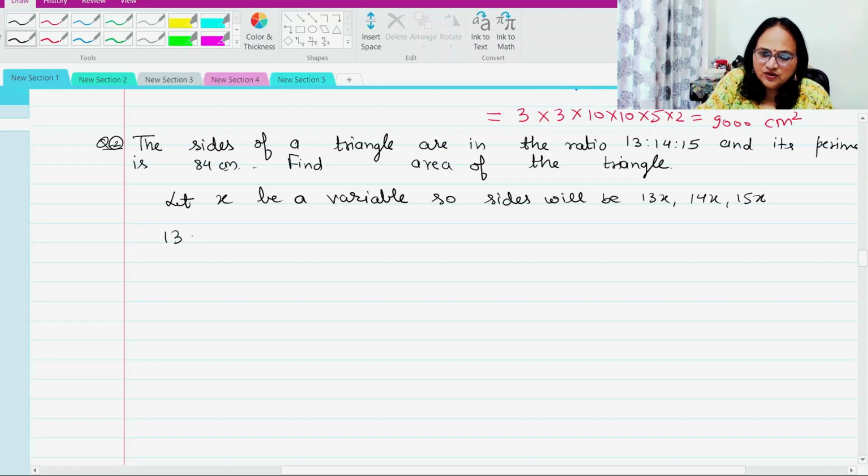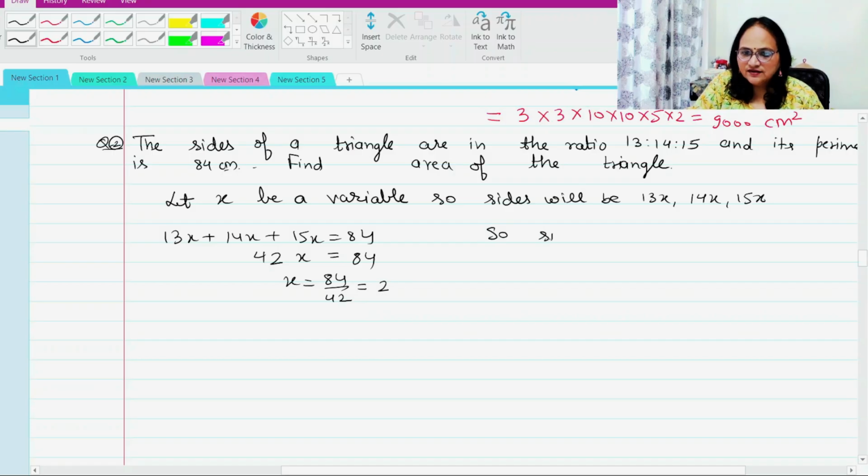According to the question, perimeter is 84. So 13 plus 14 plus 15, that is 42x, gives you 84 centimeter. Correct? 42x is 84. So x will be 84 divided by 42. That is 2.